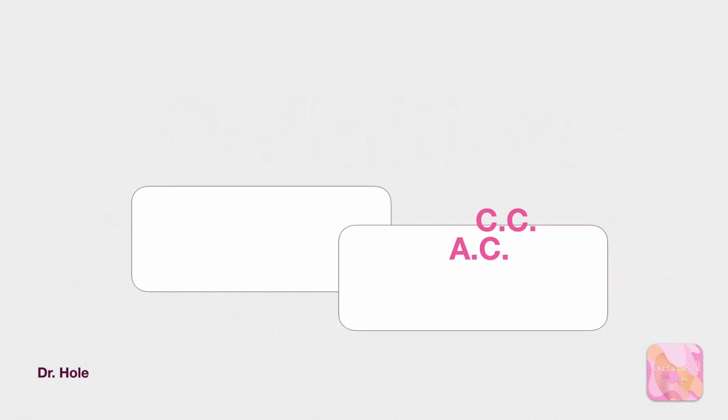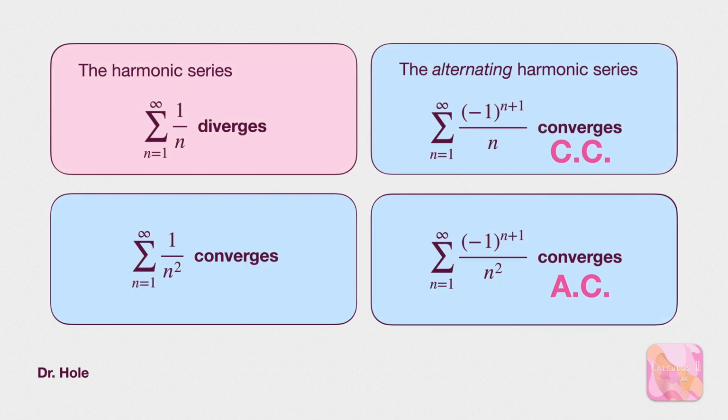Let's go back and look at our motivating examples. The alternating harmonic series is conditionally convergent. Why? If we throw absolute values on the a_n's, we end up with a harmonic series which diverges. Thus, the given alternating harmonic series converges conditionally. On the other hand, for the alternating p series, p equaling 2, we know that it converges.